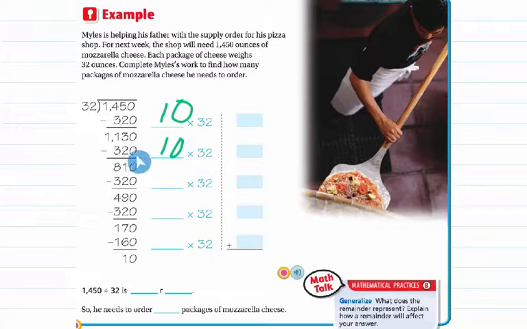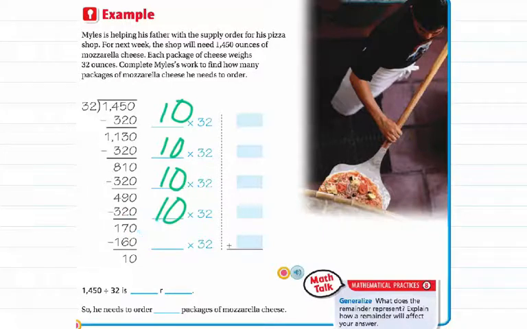We subtract 1,130 minus 320, and we get 810. Again, we're going to use the same multiple. 32 times 10 equals 320. 810 minus 320 equals 490. Again, we're going to use the same multiple of 32 rather. 10 is the factor that we don't know.